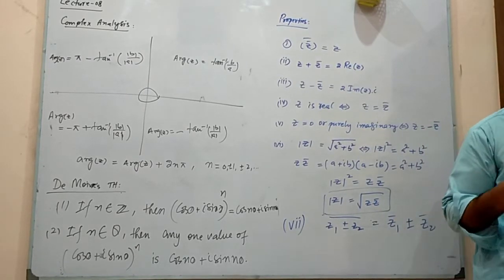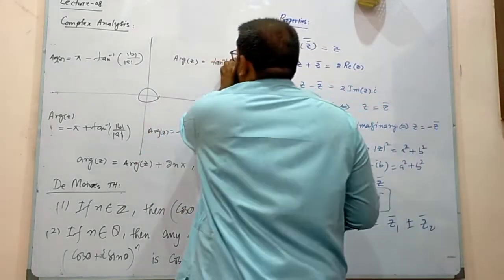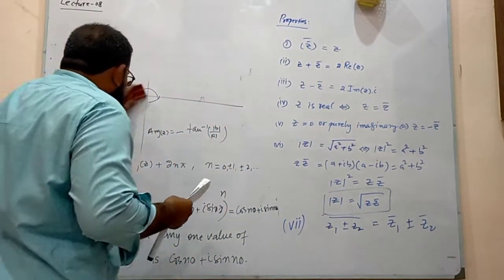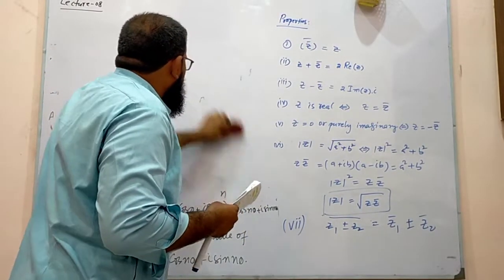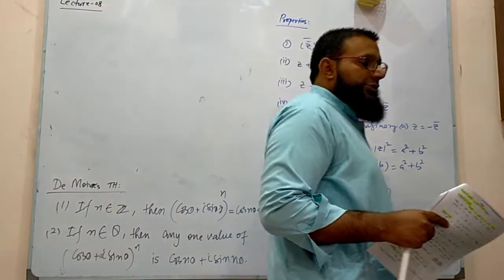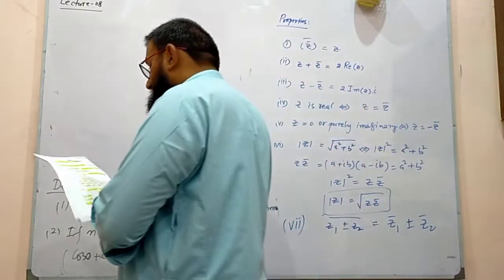Okay, one thing is the triangle inequality. We know very well that if we are dealing with complex numbers, we are simply dealing with R2, which is what we call the Euclidean plane. So we can define the triangle inequality there.